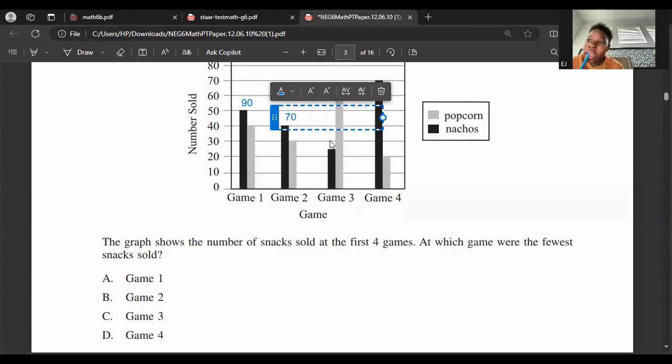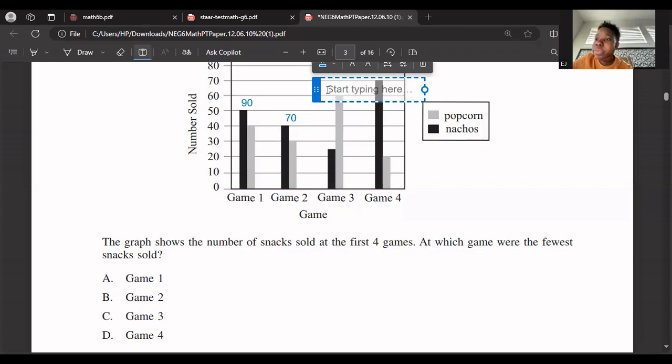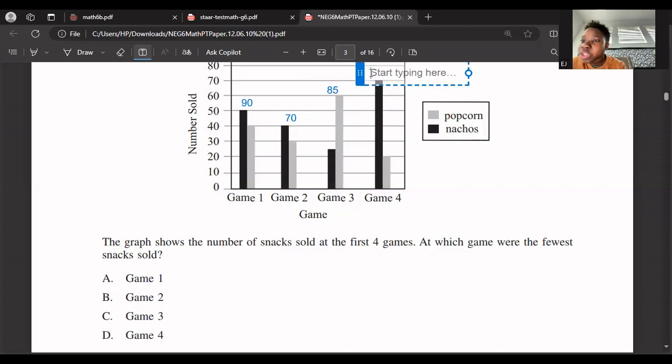So add it. What do you have? 25 plus 60 equals 85. Good. For game 4, what do you have? 70 plus 20, 90. So, which is the answer? Game 2, 70. Correct. Moving to the next question.